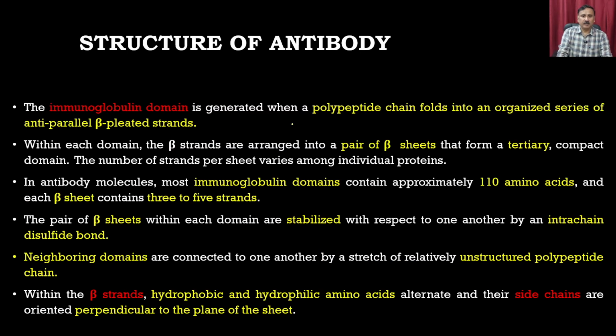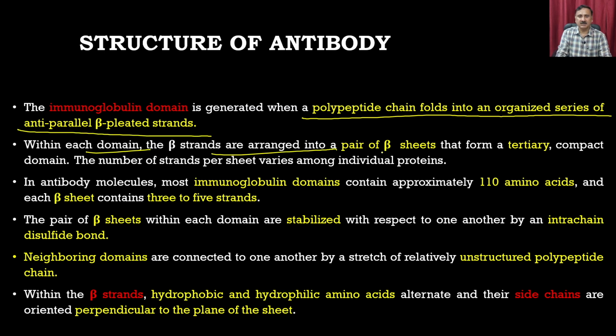The immunoglobulin domain is generated when a polypeptide chain folds into an organized series of anti-parallel beta-sheet pleats, right? Within each domain, the beta strands are arranged into a pair of beta sheets to form a compact tertiary domain. The number of strands per sheet varies among the individual proteins, right?